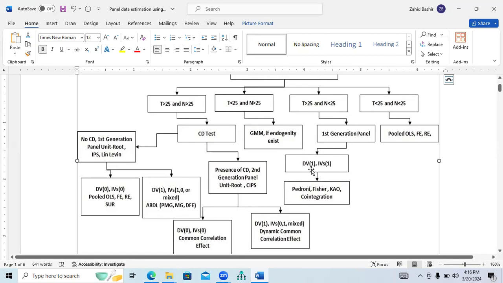If your dependent variable is stationary at first level and your independent variables are stationary at first level too, then you are going to use the Pedroni, Fisher, Kao co-integration test.